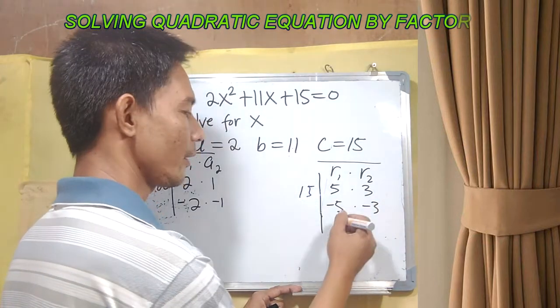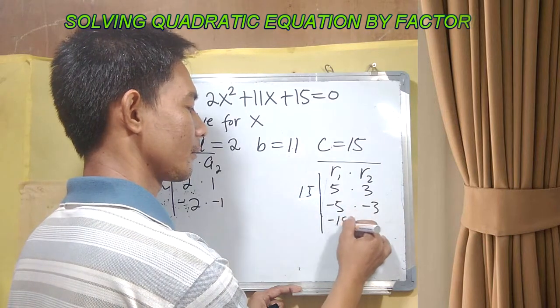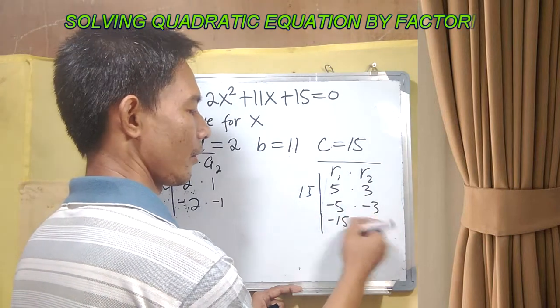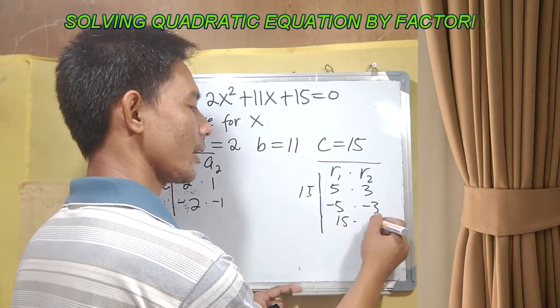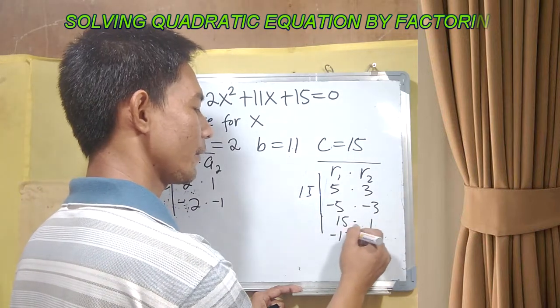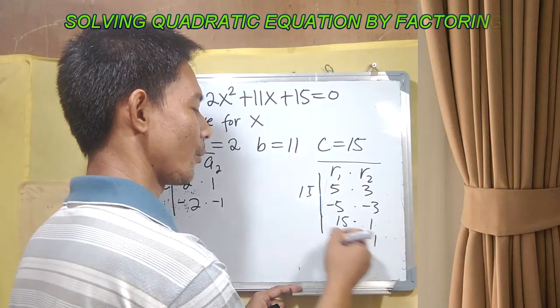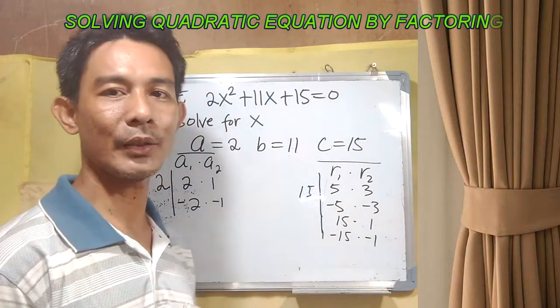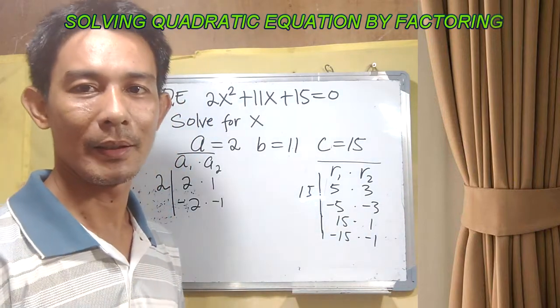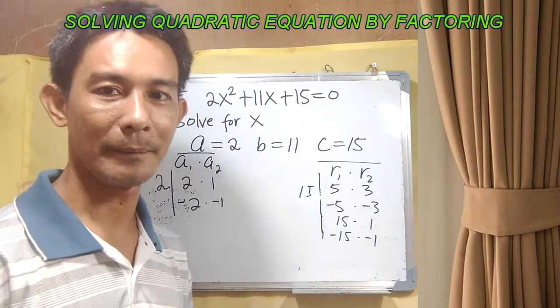It can also be 15 times 1, or negative 15 times negative 1. So these are the factors of c, or 15.